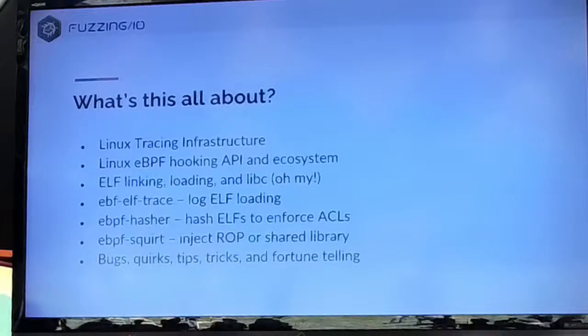And then I have a few different tools I've written on top of that that do things like log the ELF as it loads through these different functions, so it's kind of like a function trace, and hash the ELF binaries themselves to, again, do a whitelist kind of check. And then finally, a way to inject a ROP chain or your own library path in the process of linking and loading, so you can subvert the execution of a process and inject arbitrary code.